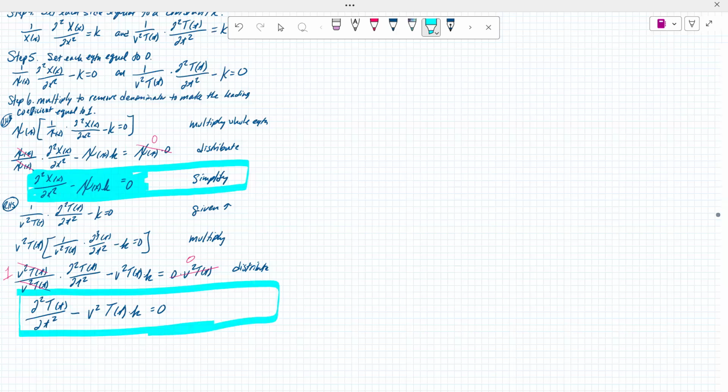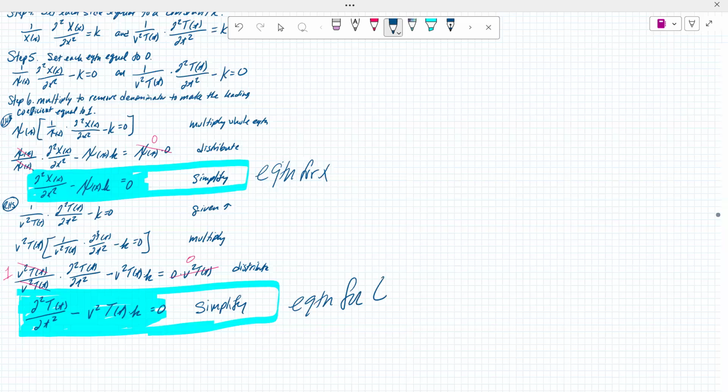This also is simplified, so we'll just highlight this. So we have an equation for x, and this one we have an equation for t. Those are our two major results that we have so far.